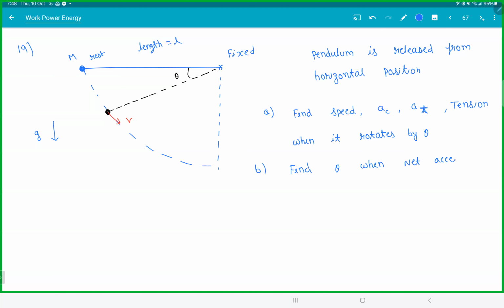Find theta when net acceleration is horizontal. So the resultant of A centripetal and A tangential should be horizontal. Let's get this. Hope the question is clear.